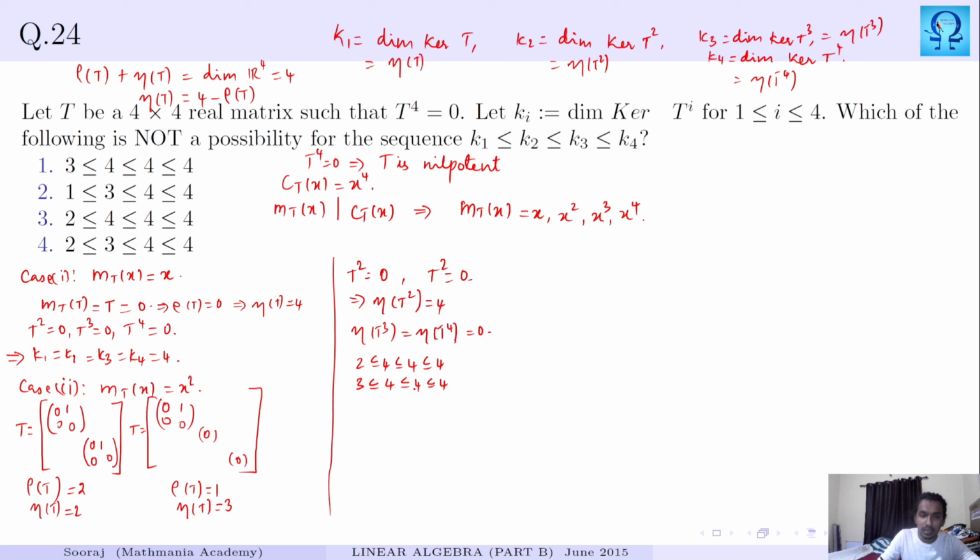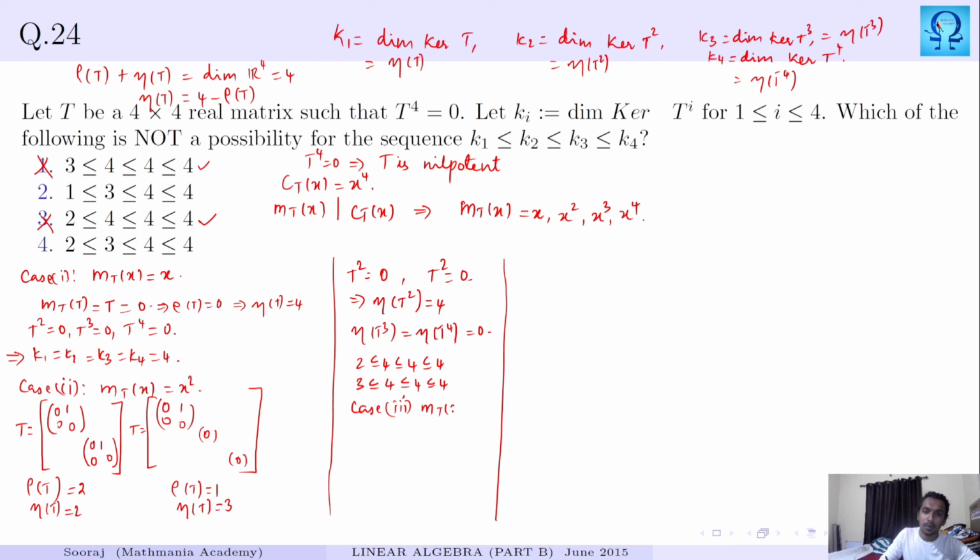If you see these options, 2444 is possible, 3444 is possible. We are asked for not a possibility of a sequence, so these two cannot be the right answers, right?